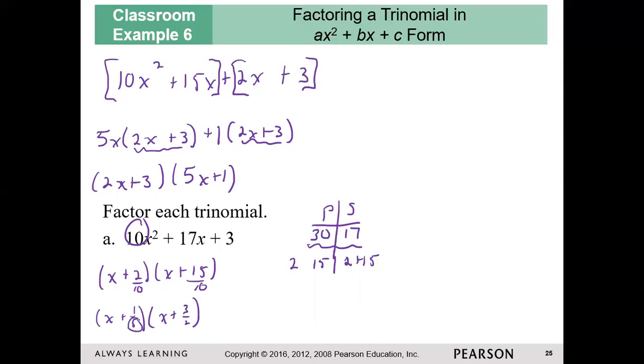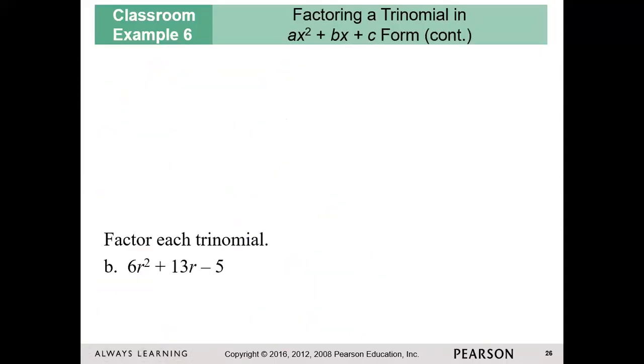And then these denominators become the coefficients. So it becomes 5x plus 1, and this becomes 2x plus 3. So you'll see right here and right there, you get the same answer no matter how you do this problem, so long as you are not making up your own rules or anything like that.